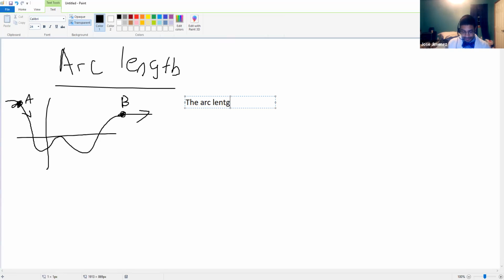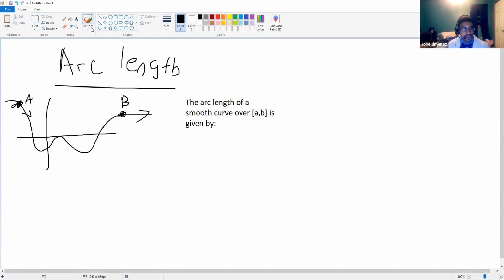The arc length of a smooth curve over the interval AB is given by, and sadly this I have to write out because we need our best friend, the integral of the magnitude of r prime of t dt.